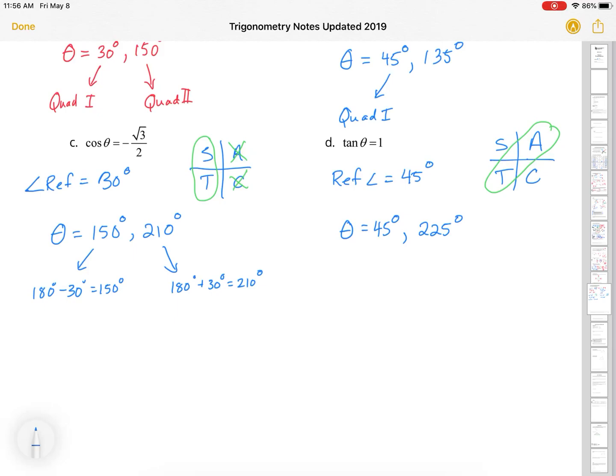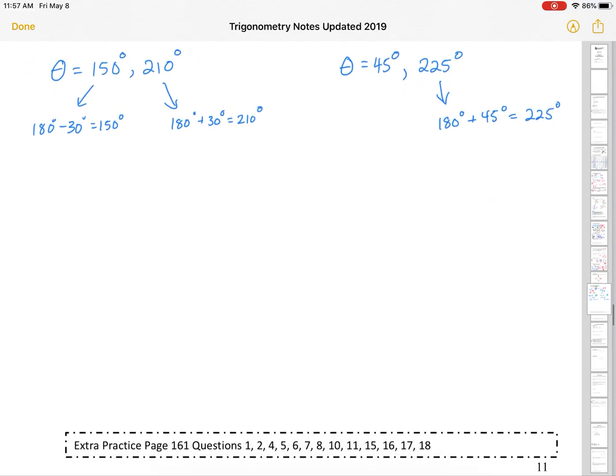So if theta is in quadrant 1, that means it's going to be 45 degrees. Or if it is in quadrant 3, it will be 225 degrees. Okay? If it's in quadrant 1, the reference angle is the actual angle. If it's in quadrant 3, you're going to go 180 plus 45 degrees, which gives you 225 degrees. Okay? So remember for these that you're going to get 2 answers.